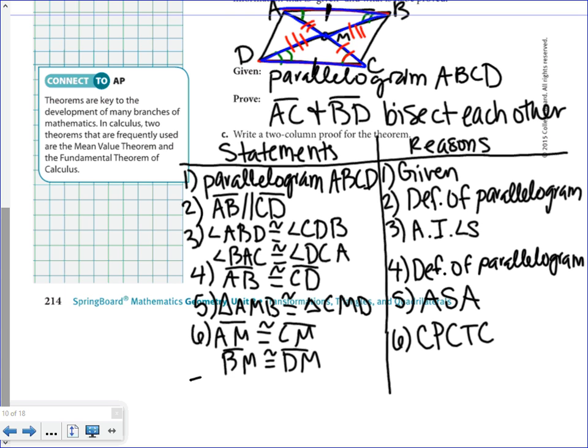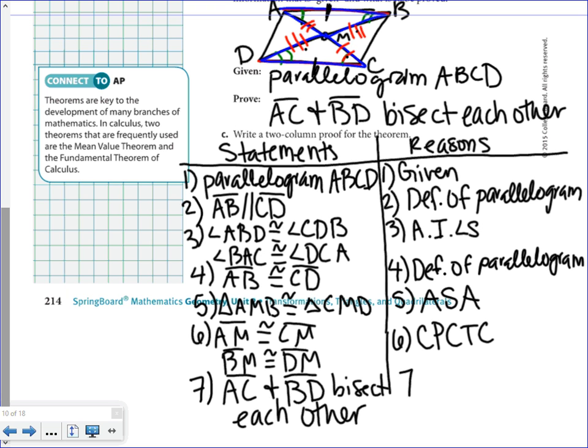From there, if these four are each congruent, that means that my diagonals have to bisect each other because it cuts them both in half. So I can say that AC and BD bisect each other.